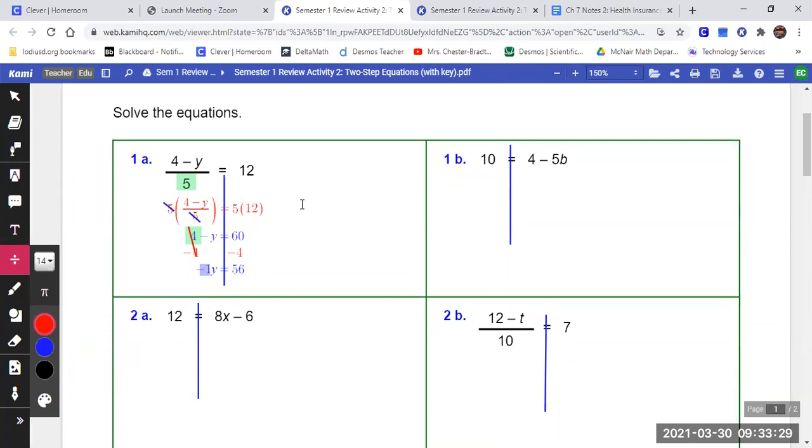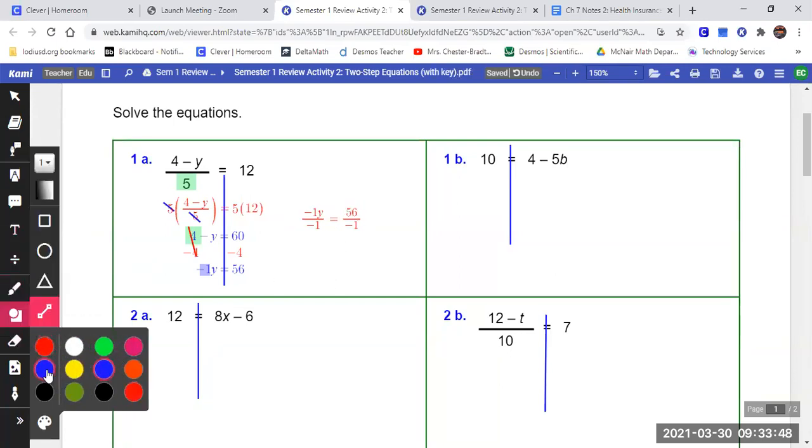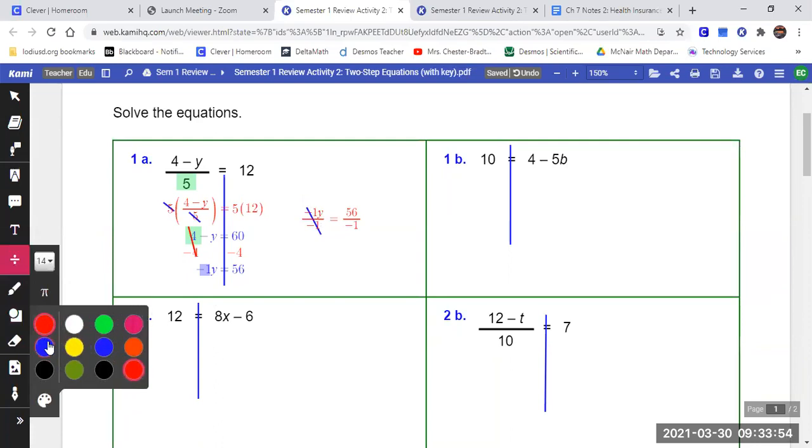So I have a -1y that is being divided by a -1, and that is going to equal 56 being divided by a -1. I have now big 1 out that -1. All gone. I only have the y left.